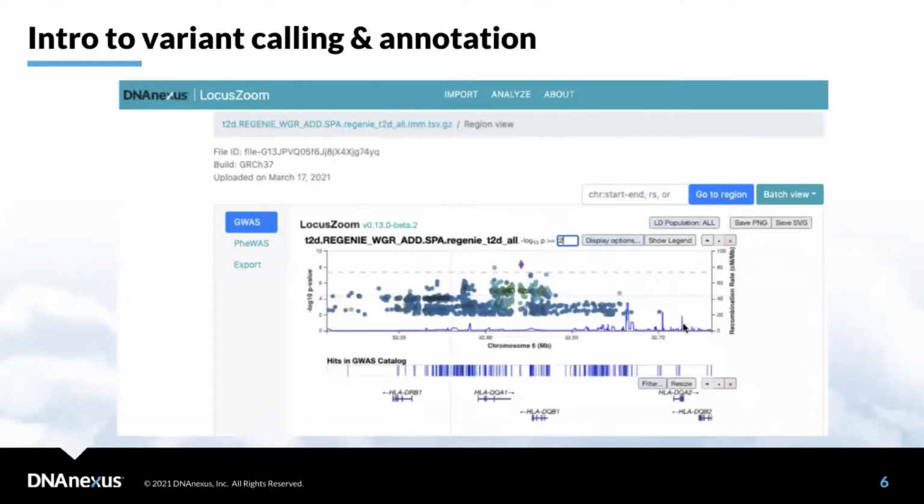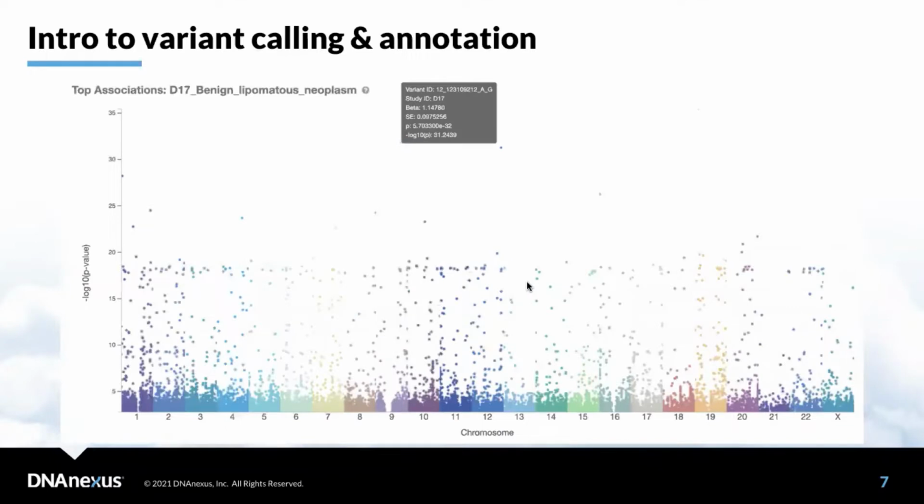The DNAnexus platform historically, although now we do a lot of genotype, phenotype, and imaging integration, has been pretty oriented towards secondary analysis of genomic data. And so we can see all kinds of ways to view that with LocusZoom and so on.